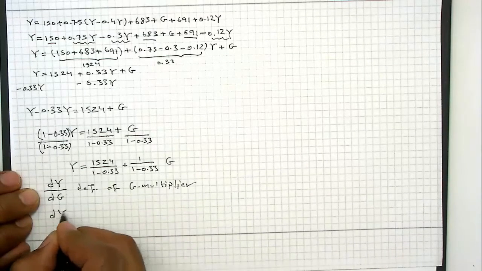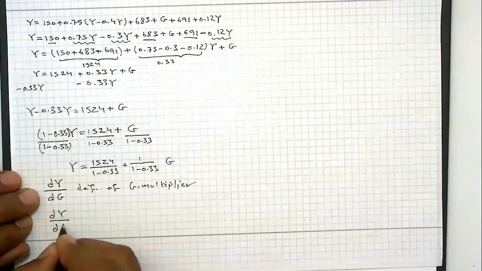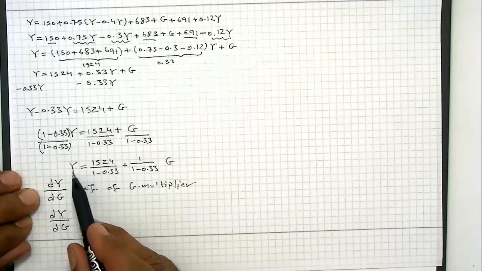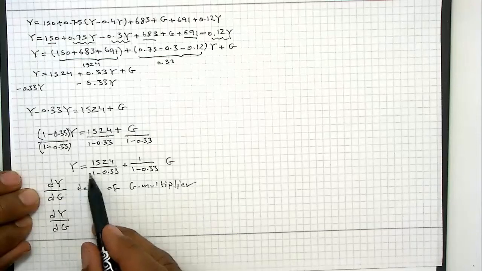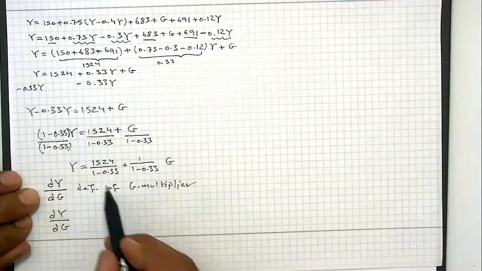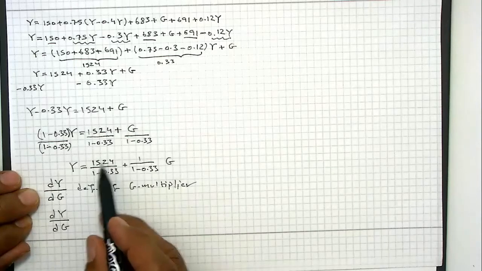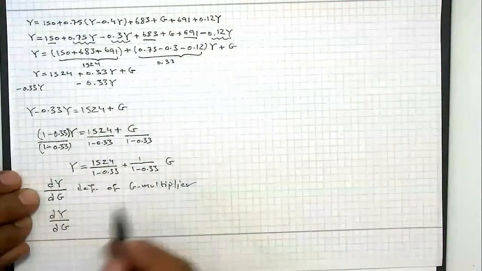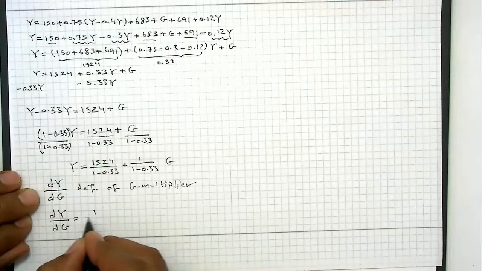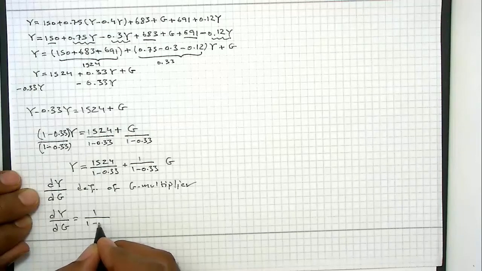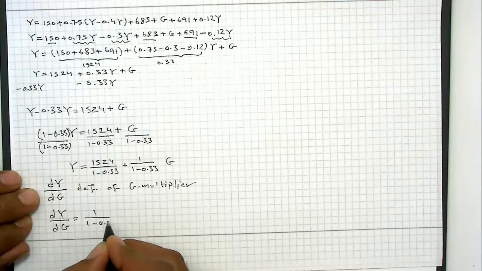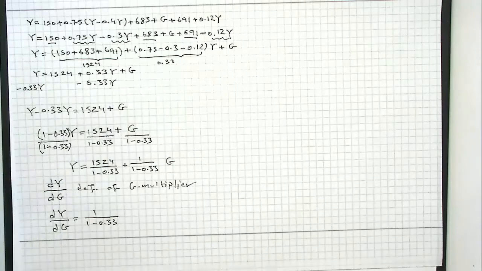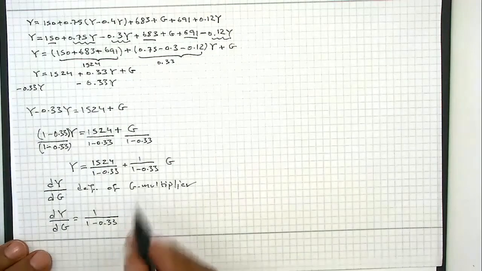So I just rewrite it in differential notation, and the differential of this function with respect to G: this term is 0 because it is a constant, so nothing here, and then the derivative of this with respect to G is equal to 1 divided by 1 minus 0.33. And that is actually our G-multiplier in this case.